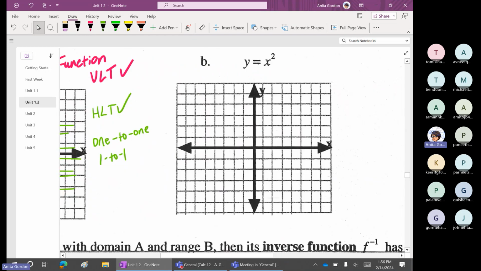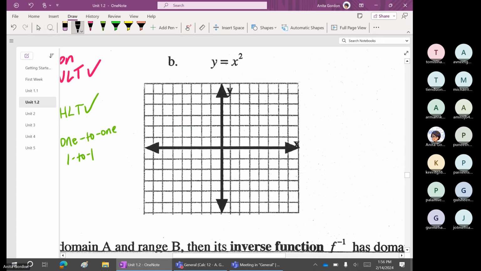What are some key points on the next graph? 0, 1, 1. 1, 1. 2, 4. Does it pass the vertical line test?